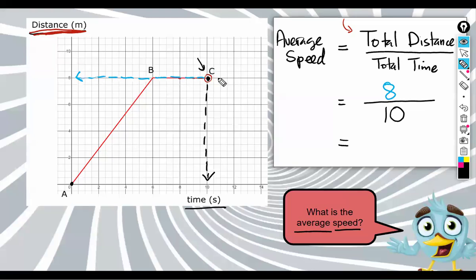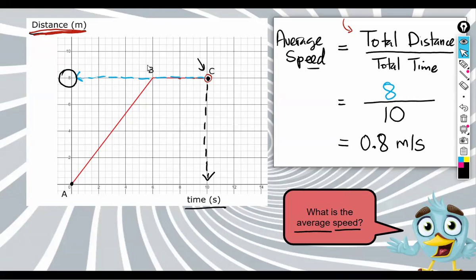So at point C, the total distance moved was 8, and the total time taken was 10. So 8 divided by 10 is 0.8, and it's speed, so it's meters per second. So average speed is just the total distance of the entire graph divided by the total time.